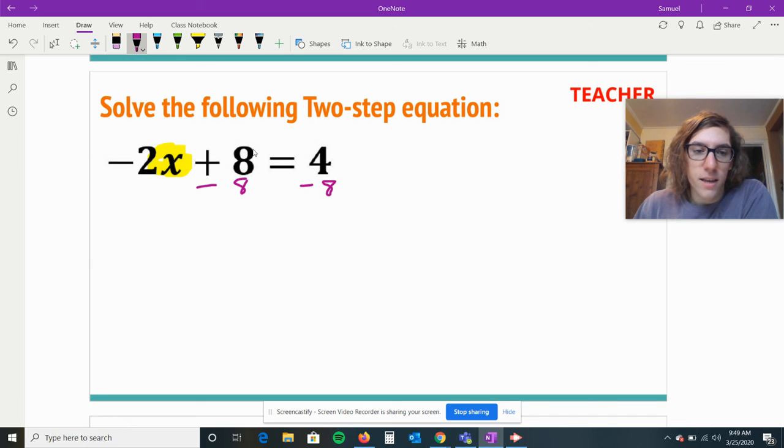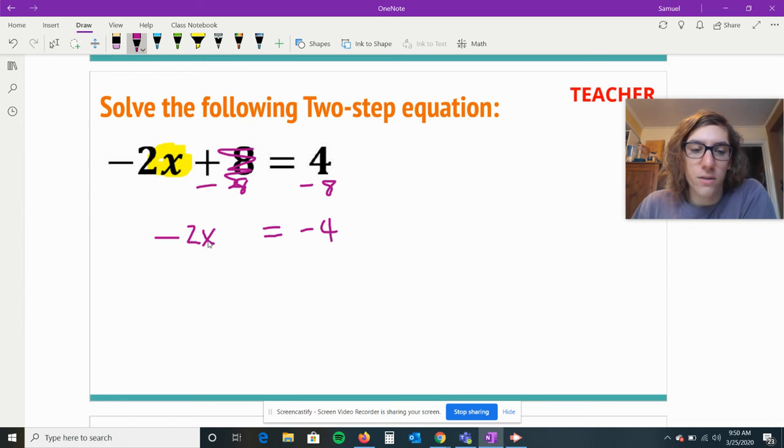Okay, and now let's see, 8 minus 8 is going to become 0, right? So now, rewriting my equation, negative 2x plus 0, so I don't really need to write that, do I? Equals 4 minus 8. Let's see, if we subtracted 4, that would get us to 0, and then 4 more than that would take us to negative 4.